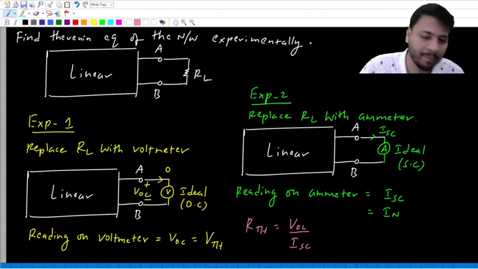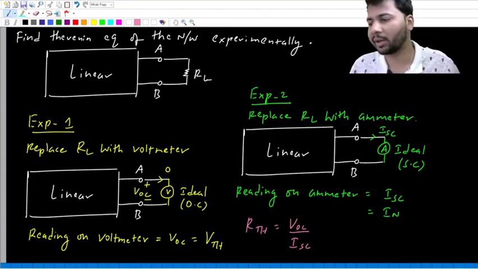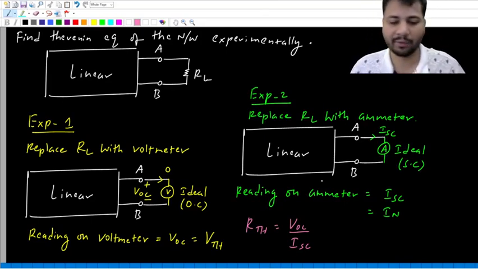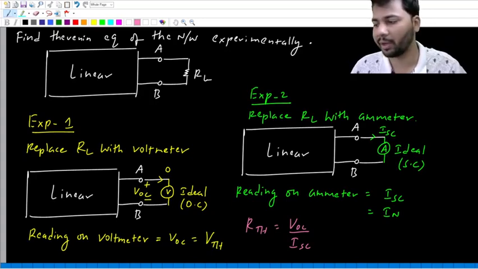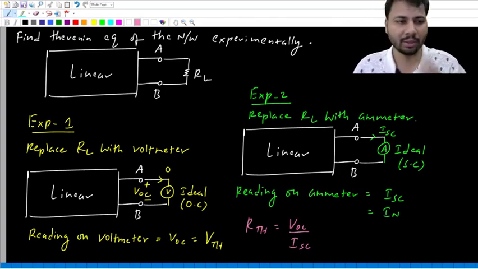In this way, without doing any calculation, just by conducting two simple experiments on the given network, we can easily find the Thevenin equivalent. If you know the Thevenin equivalent, then by doing source transformation, we immediately get the Norton equivalent as well. Is it clear?